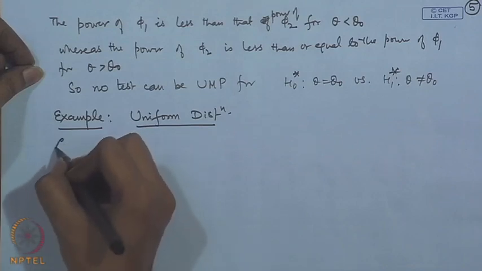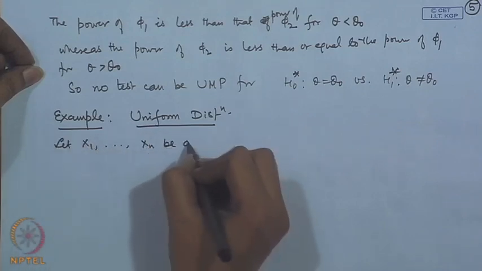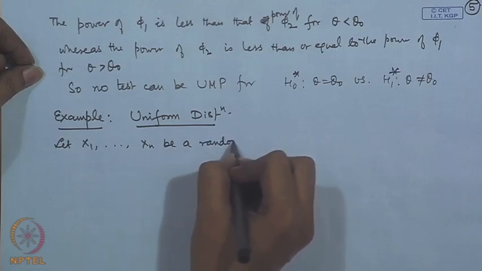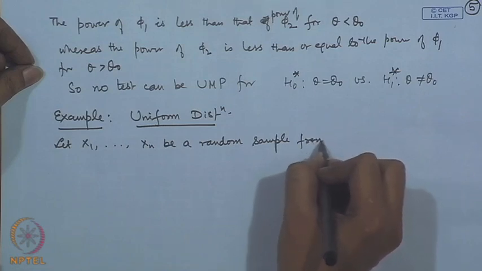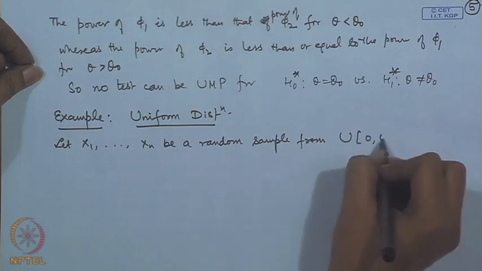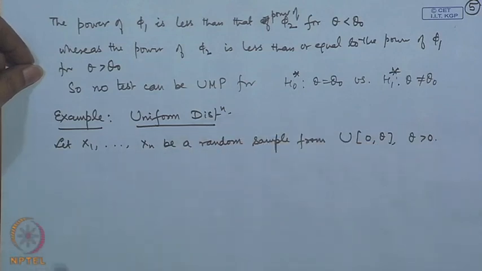So, we have x 1, x 2, x n, this is a random sample from uniform 0 theta distribution, and if we want to derive the UMP test for one sided testing problems etcetera, we should firstly have the monotone likelihood ratio property. Let us check whether that is true or not.